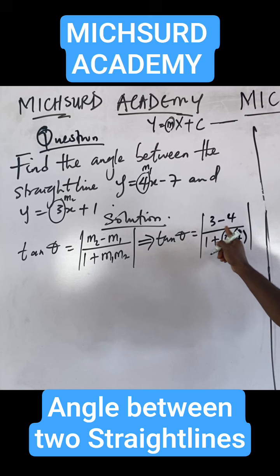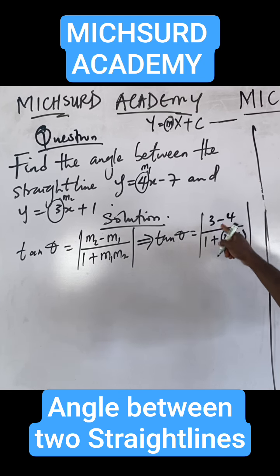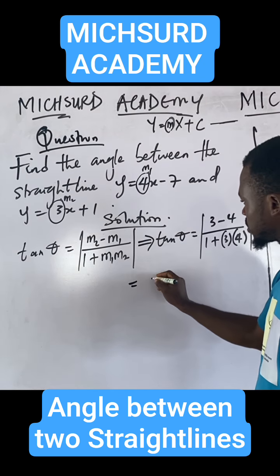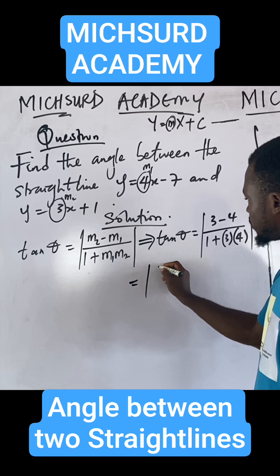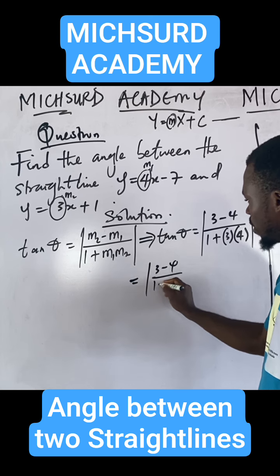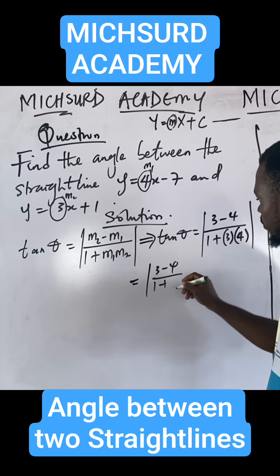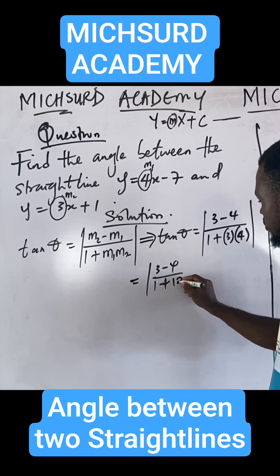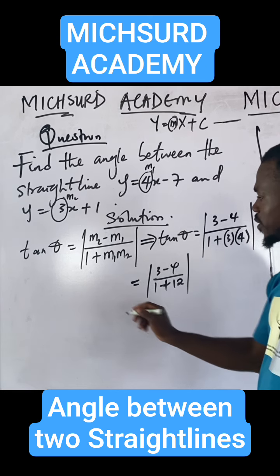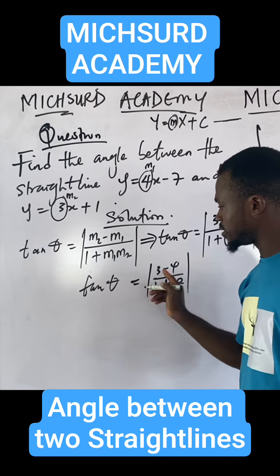Now, if we multiply, this will give us 3 minus 4 all over 1 plus the product of 3 and 4, which is 12. So this is what we have, which means tan theta is equal to this.